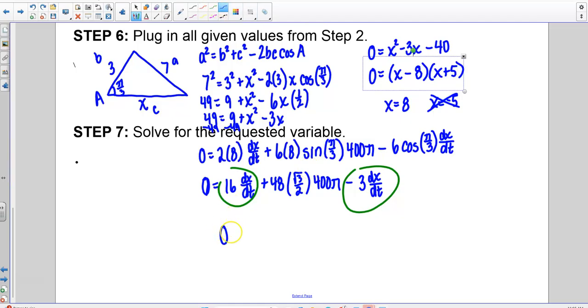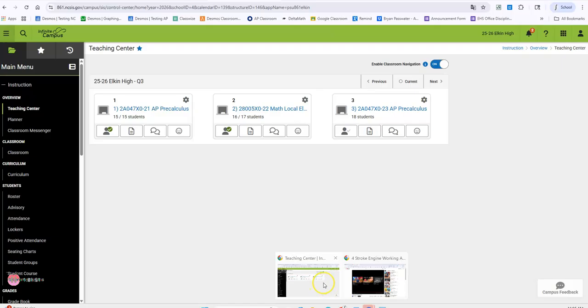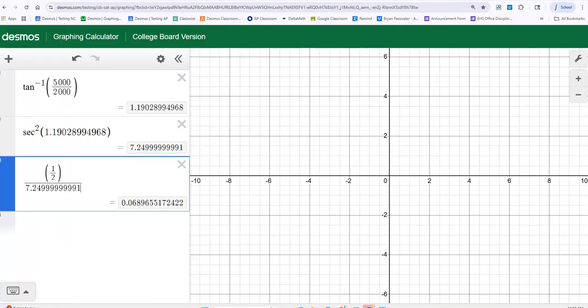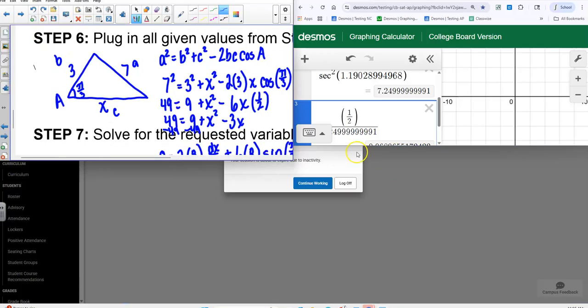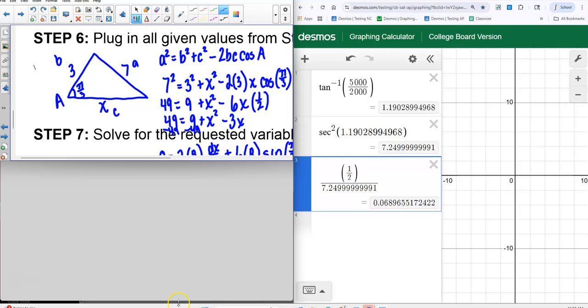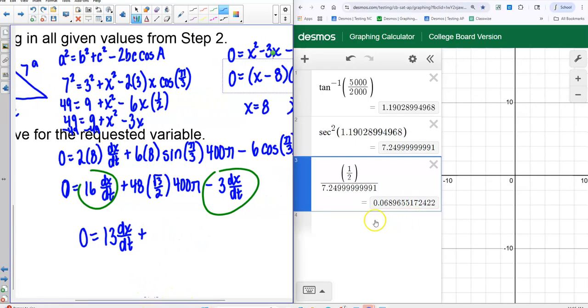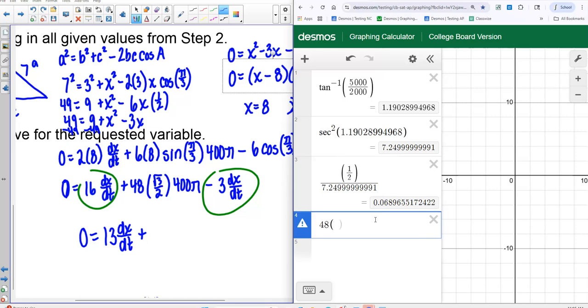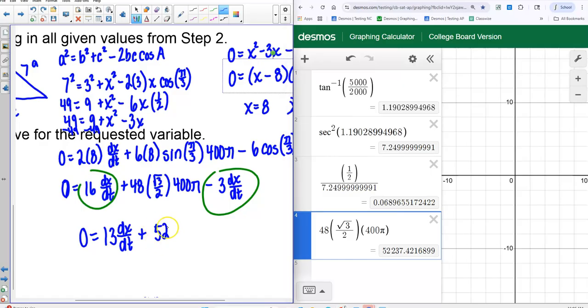So we will get 0 equals 13 dx dt plus, and then I'm going to just jump over here and type this other stuff into Desmos, since we've already spent 20 minutes on this problem. 48 square root of 3 over 2 times 400 pi is going to give us 52,237.4216.